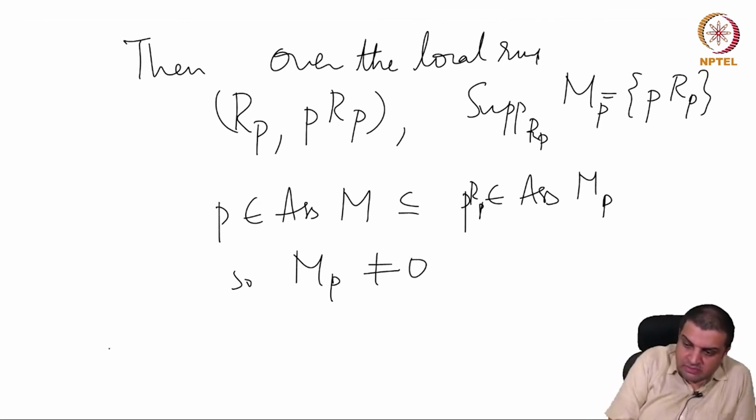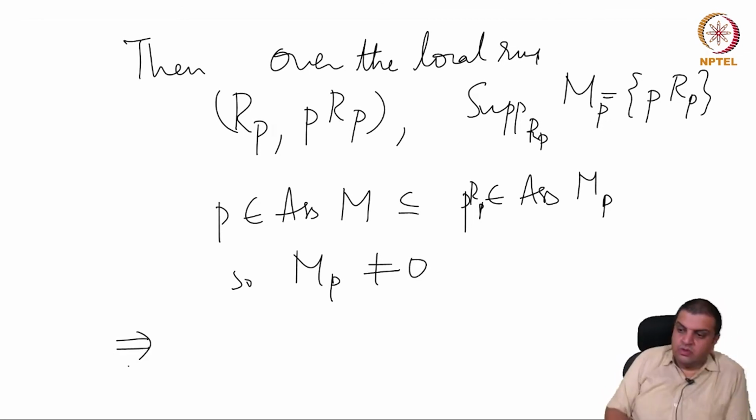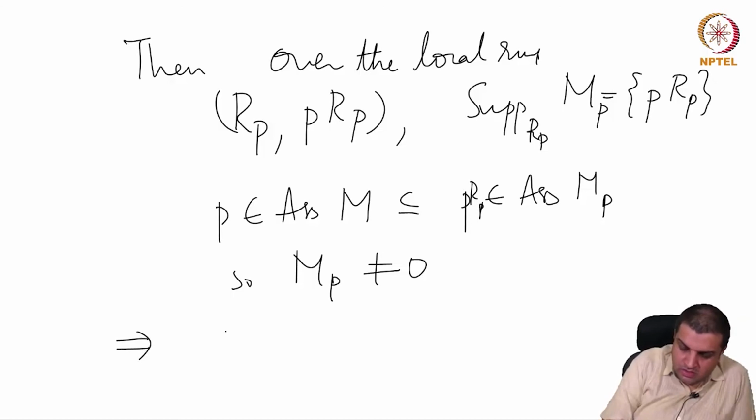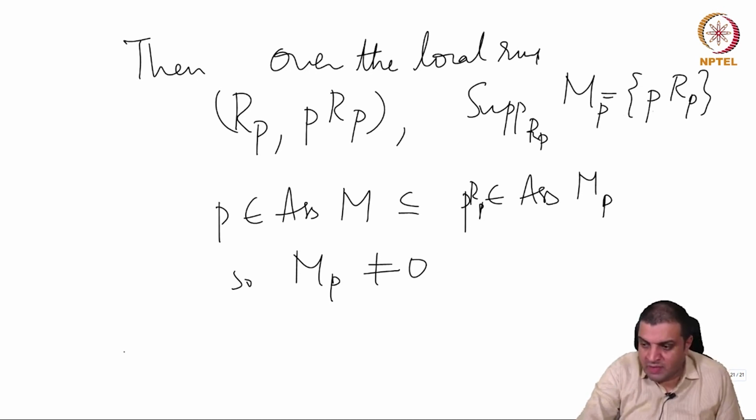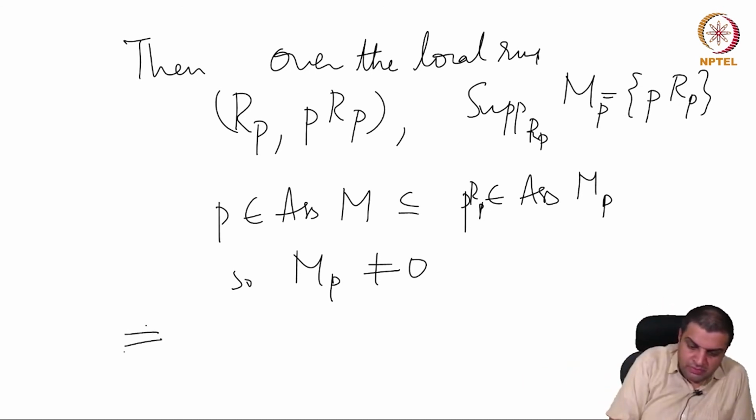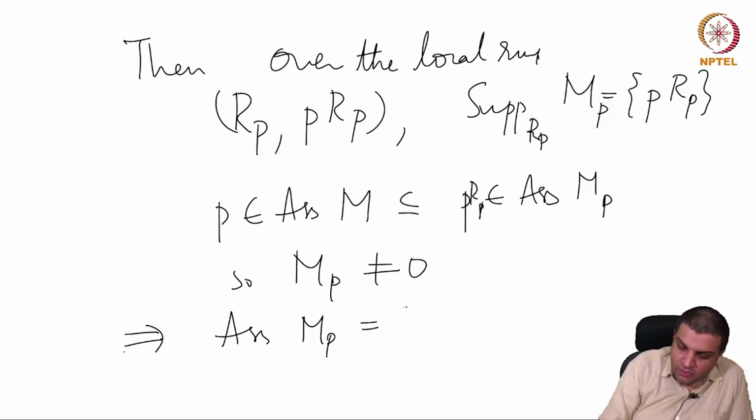So in other words, if the support is all of this and the set of associated primes is non-empty, then it can only be one value, which is this, okay, which means that associated primes of M localized at P, as an R localized at P module, is P R_P.